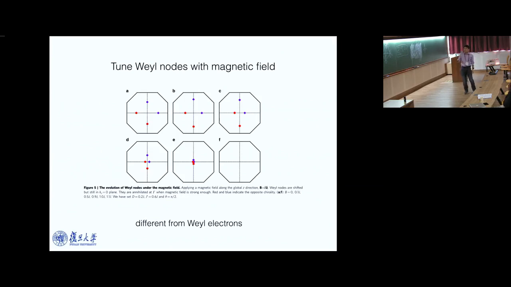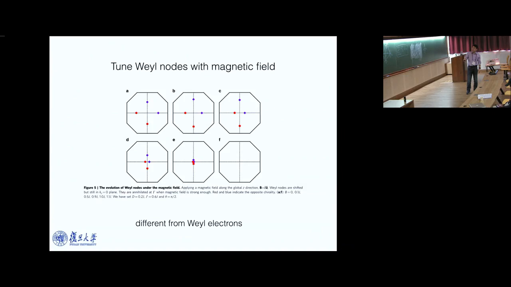Weyl nodes, as I said, are topological objects. They are protected topologically. They cannot be removed or killed immediately. So once they are there, you apply a field, you tilt the magnetic order a little bit. The consequence is you move these Weyl nodes a little bit in momentum space. If you increase the field along this way, you move these Weyl nodes around in K space.